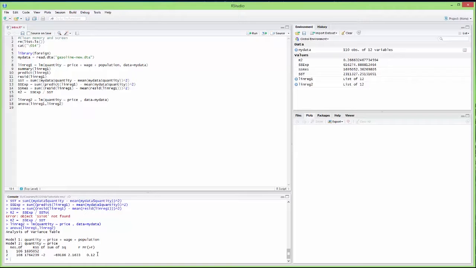And I see that the p-value here is 0.12, so the wage and population are not significant at the 10% level. They would be at 15, but I've never seen 15 used as a significance level. Usually it's 5 or even better 1, so this is quite large.